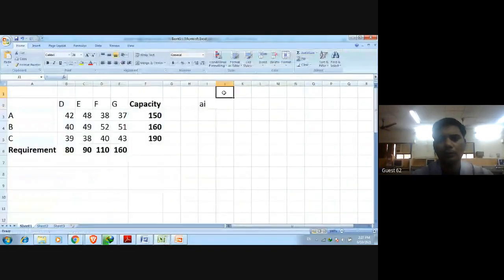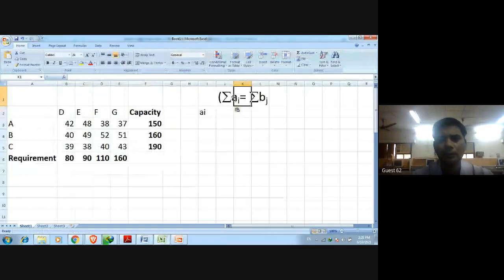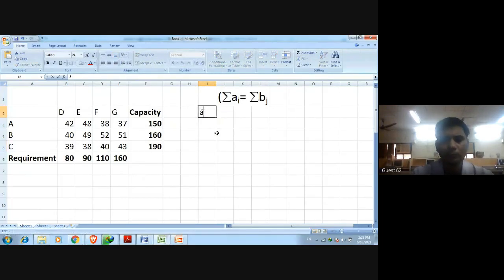We will write down AI here. Okay. Now we have to find the sum of AI.